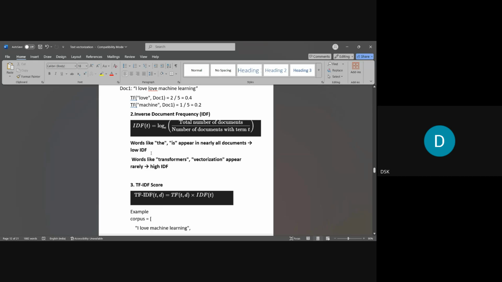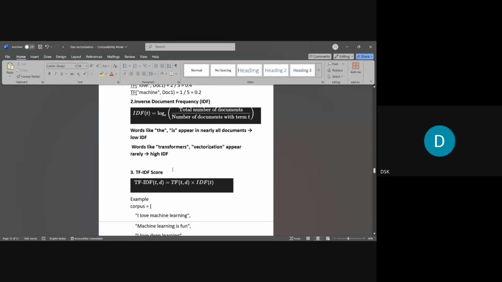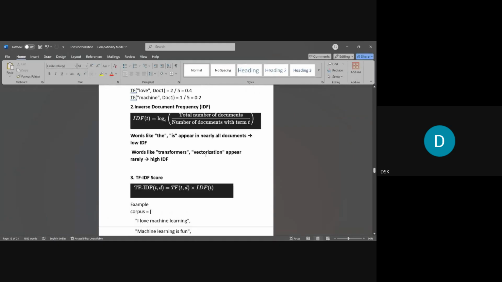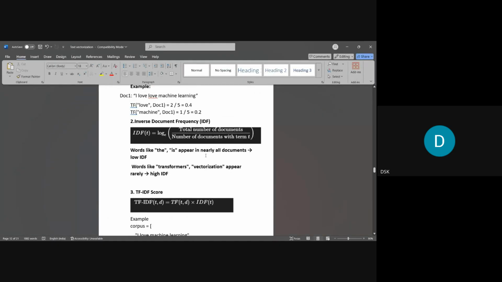And words like "transformers" and "vectorization" appear very rarely. That means high inverse document frequency. So the TF-IDF score is calculated by using this formula, that is term frequency times inverse document frequency.